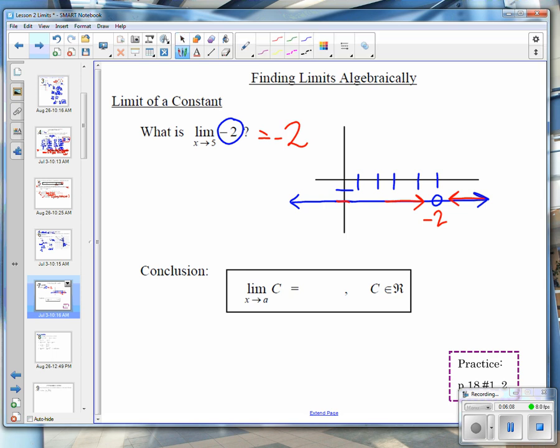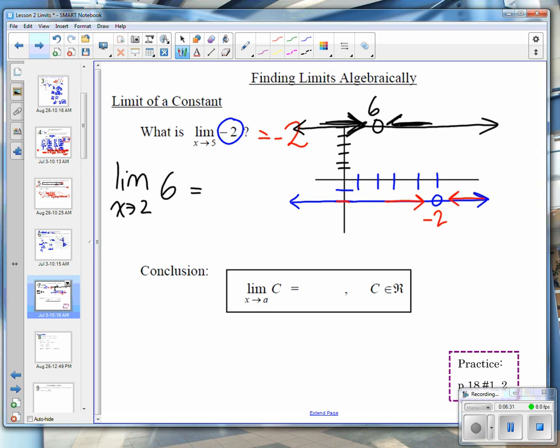So if I give you another one, let's say the limit as x is approaching 2 of 6, for instance. What is that equal to? Well, 1, 2, 3, 4, 5, 6. Got our line here. That's what our graph would look like. When x is approaching 2, I've got that point here. And if I'm approaching from the left, it's 6.